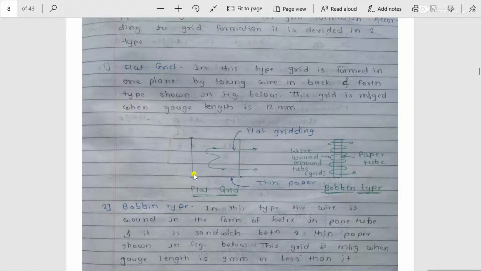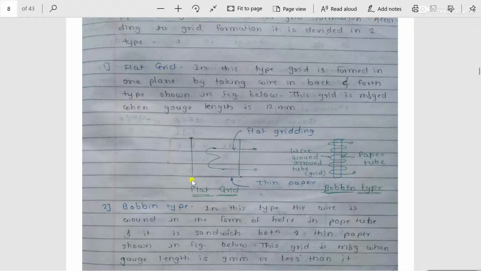Suppose this rectangle represents a plane of the strain gauge, that means only a single horizontal plane is there, and the grid element is prepared in this construction in only one plane in a back and forth type. This motion is called a back and forth motion. Therefore, if the strain gauge is prepared in only one plane by taking the wire in back and forth type, this is called a flat grid type of strain gauge.